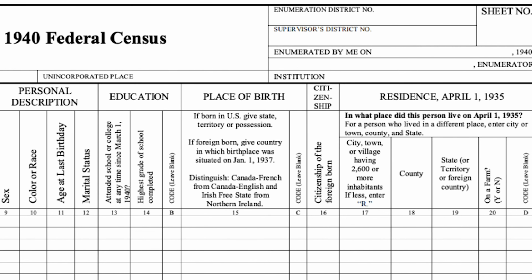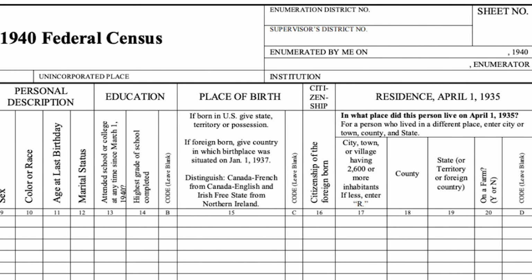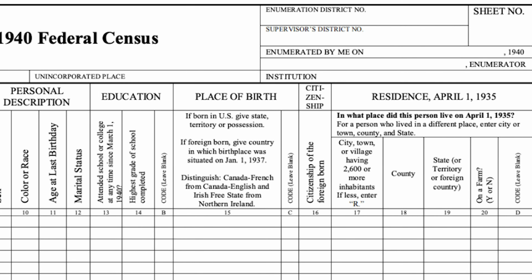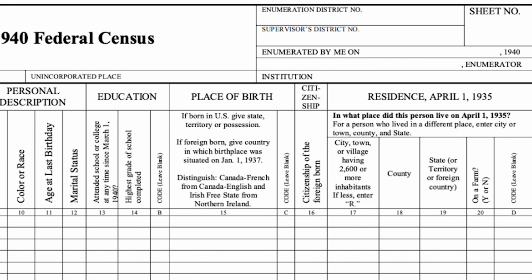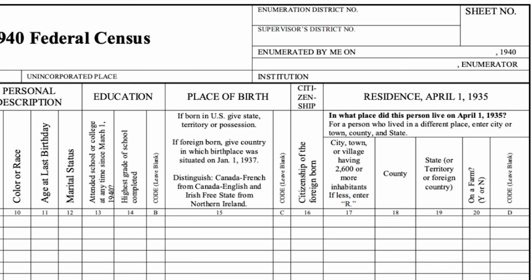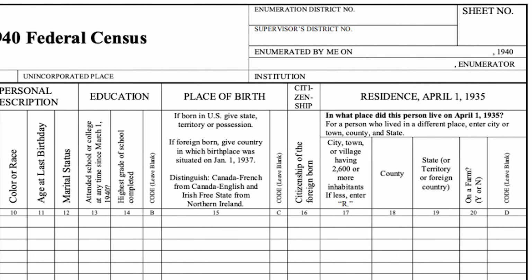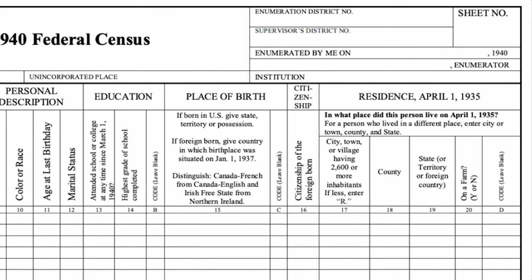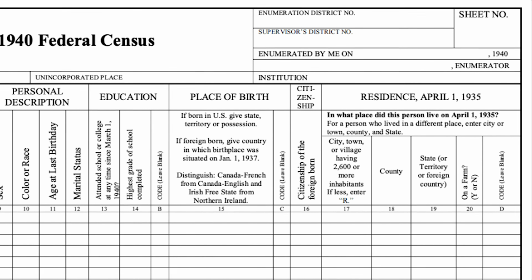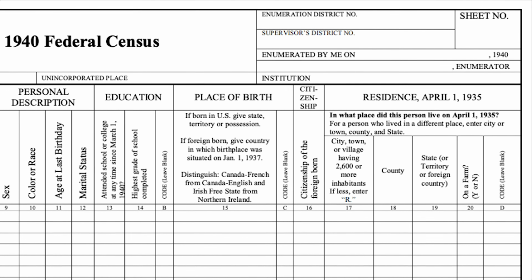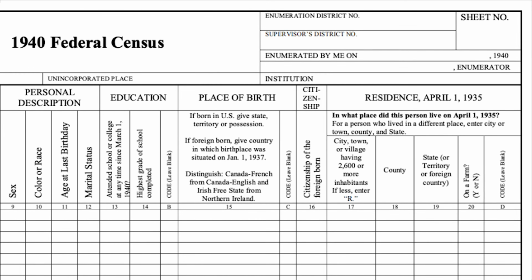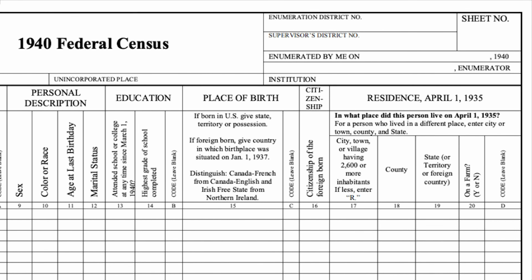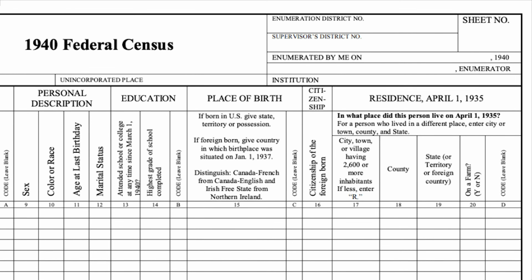Pay attention to the supplementary questions and your ancestors' answers to them, if they did answer them. Also, remember that not everyone was asked the supplementary questions for time and efficiency reasons. Only a small sample population were asked them. If your ancestor was asked them and answered them, you have hit a genealogical goldmine on the 1940 census.